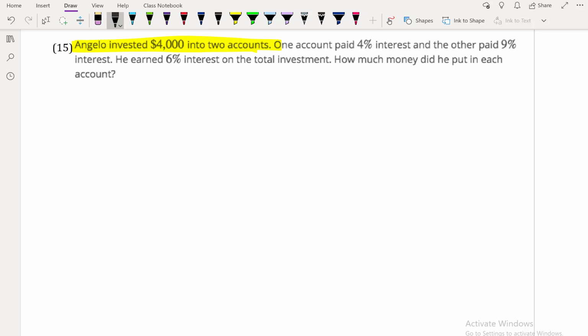So here I have two accounts, so let's just call them X and Y. So X plus Y represent my accounts, and it's going to equal 4,000. And better yet, let me rewrite that. I'm going to say my first account plus my second account is equal to my total.